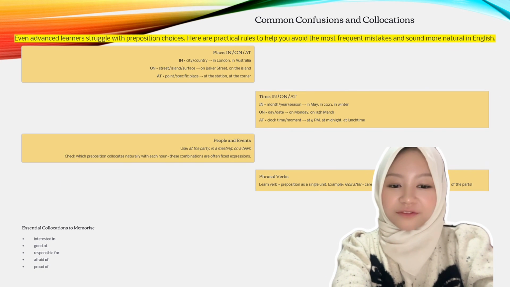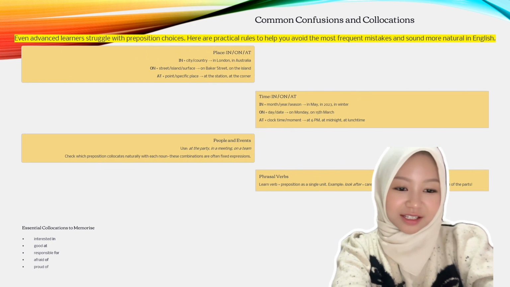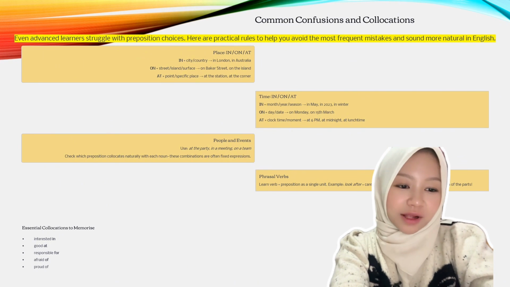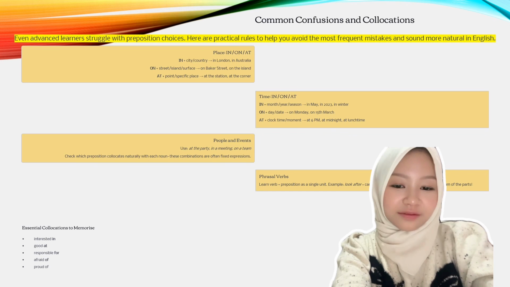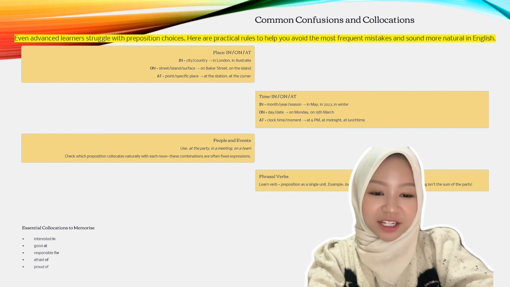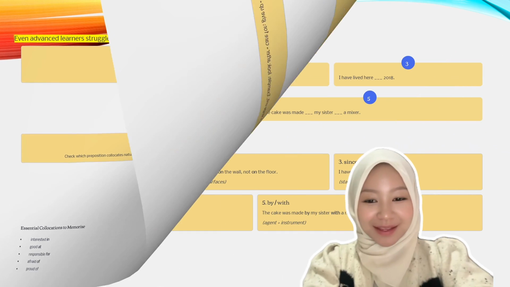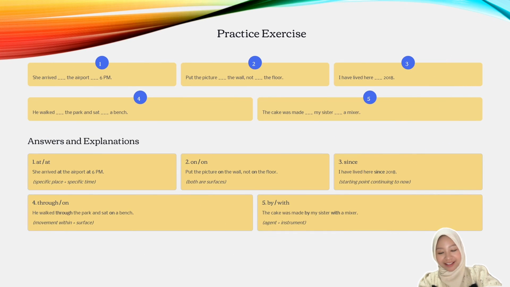Some phrases are fixed and cannot be changed, like interested in, good at, responsible for, and proud of. These are called collocations, and we learn them as a pair. The next slide is practice. And now I will explain the answers one by one so we can see why each preposition is used.